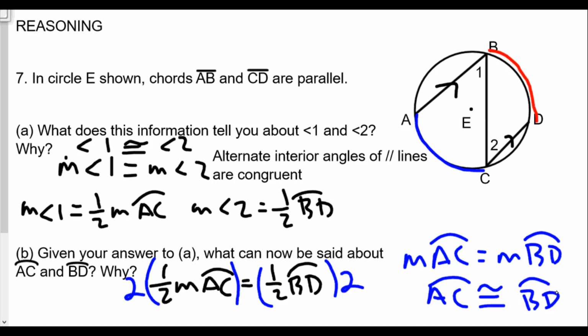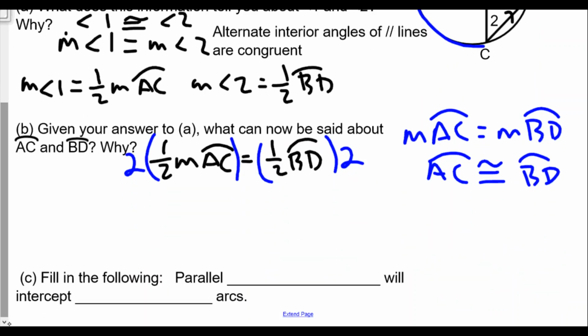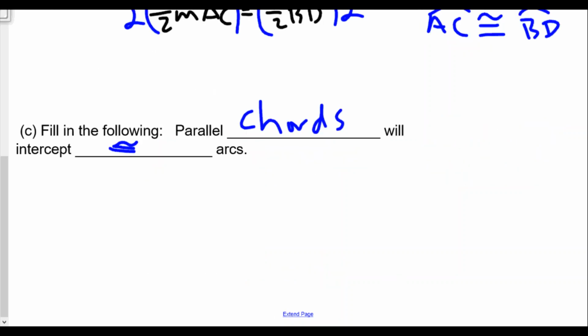Now, this leads us to the next part, which says fill in the following. Parallel chords will intercept congruent arcs. What we really want to say in this whole thing is the following.